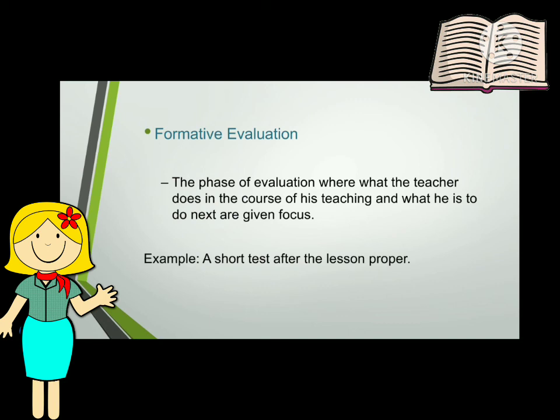A short test after the lesson proper is an example, to find out how well the learners have absorbed the lesson. In some cases, the teacher asks the learners to summarize the important points discussed, and based on the results, he can do revisions or modifications in the method of instruction.